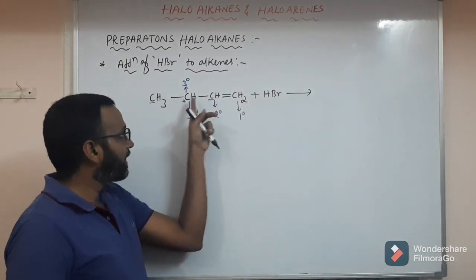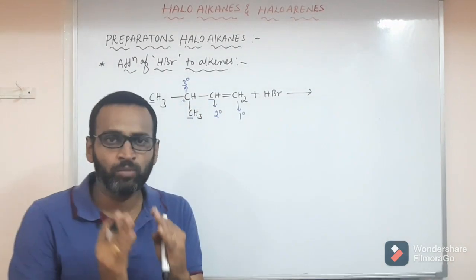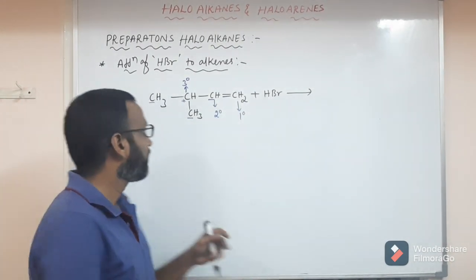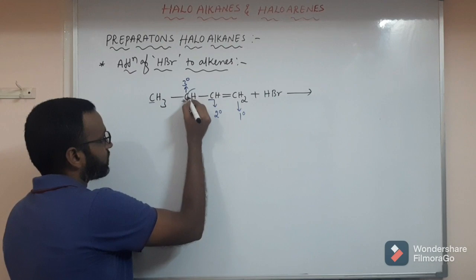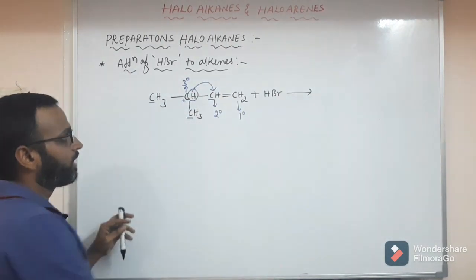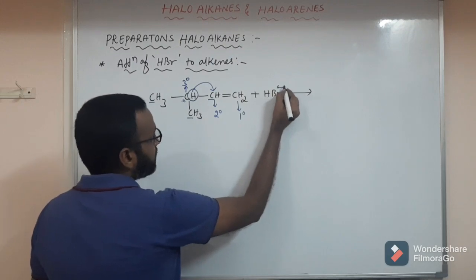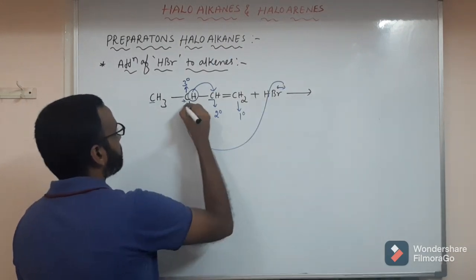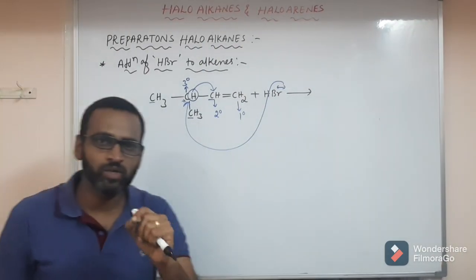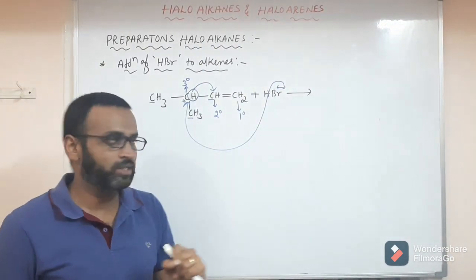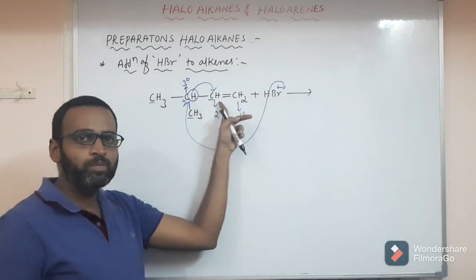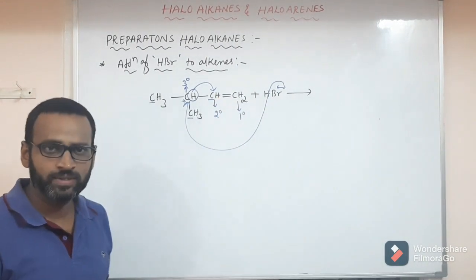So if the double bonded adjacent carbon is a more stable carbon, then this particular hydrogen will migrate over here, and then this Br minus will add on this particular carbon. According to the Markovnikov rule, the negative species will add to the double bonded carbon which has fewer hydrogens.